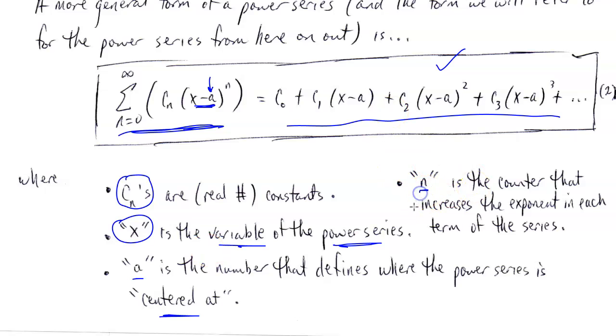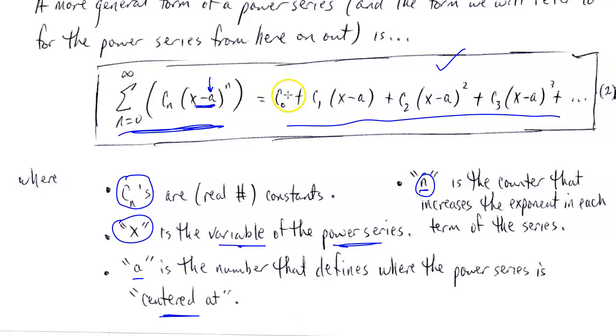And n here is going to serve as our counter to let us know how many terms we need to go out to figure out what the power series is going to be, or how long it's going to be, or how accurate it's going to be. Okay, and in general, this n is being used to increase the exponent in each term of the series as we listed out.